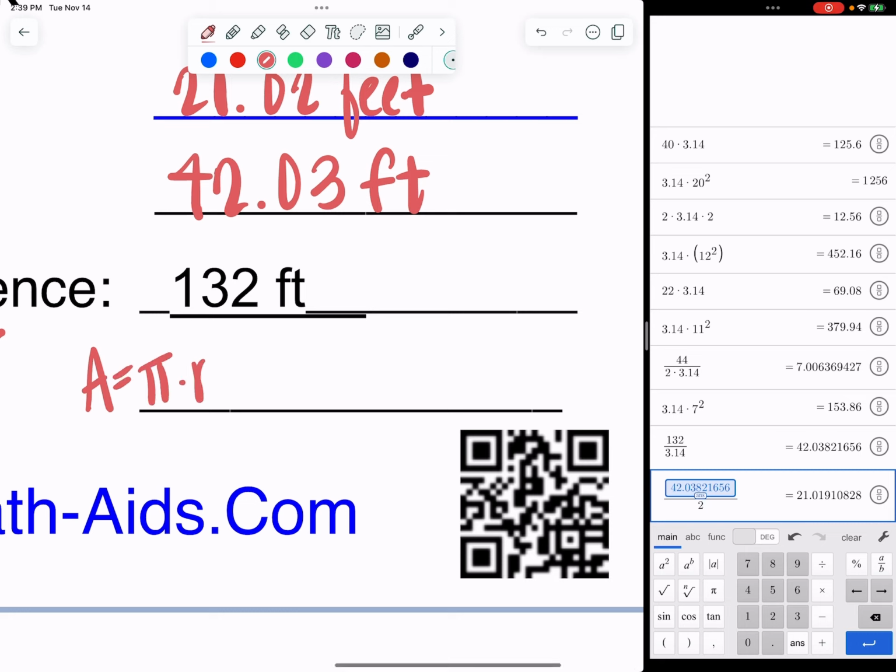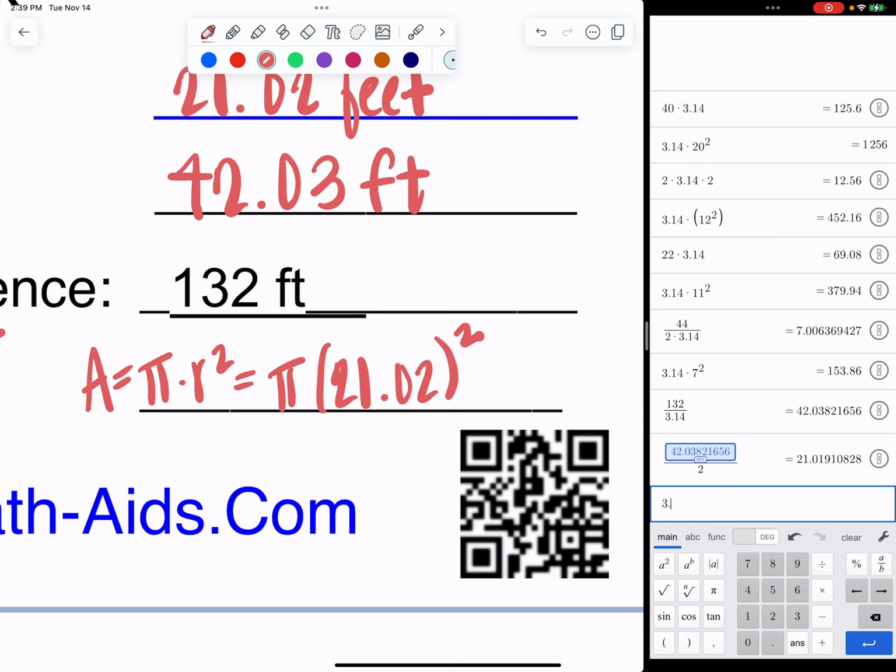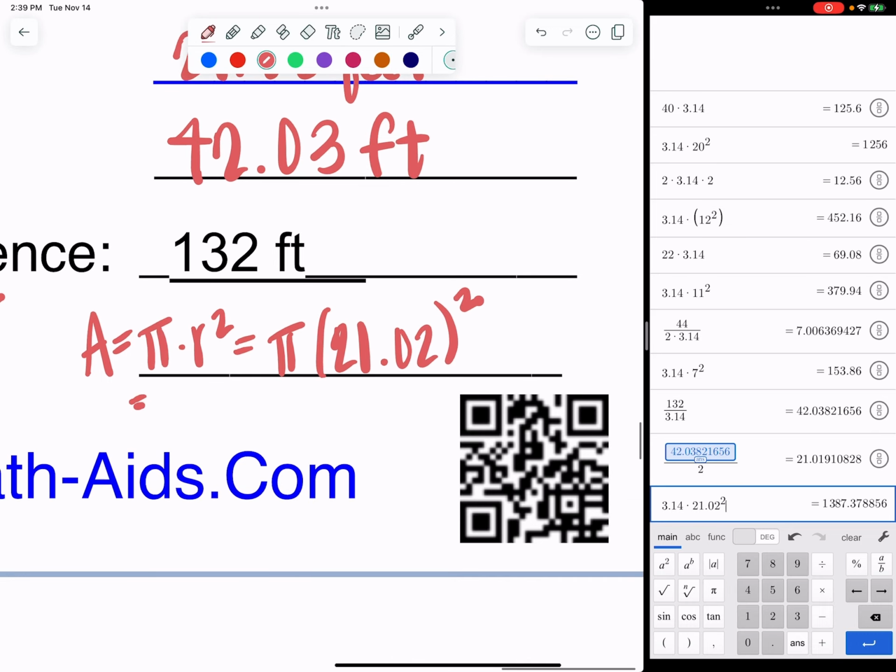So I want pi times the radius squared. 21.02 squared. 3.14 times 21.02 squared. 1,387, we'll just do 2 decimal places, 0.38 square feet.